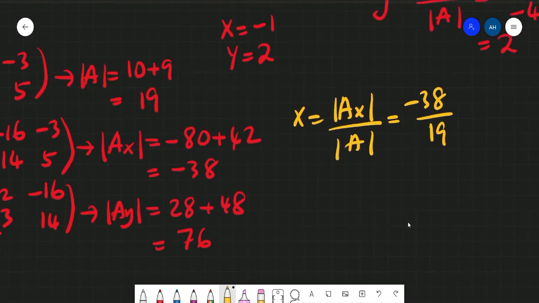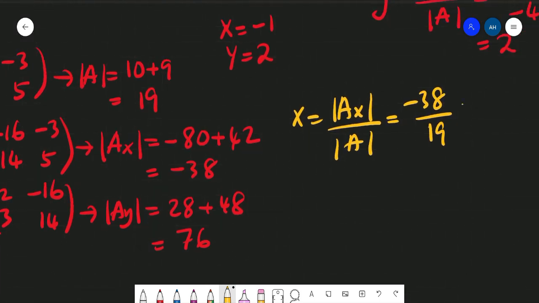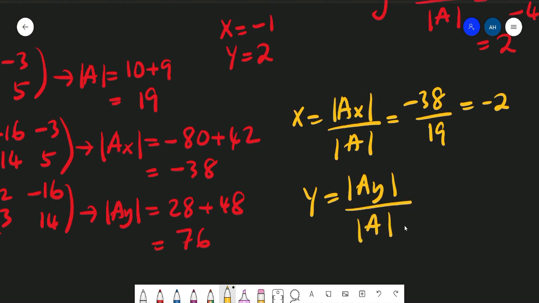And the answer will be negative 2. Now y will be equal to the determinant of Ay divided by the determinant of A. The determinant of Ay is equal to what we already got, 76. And we are going to divide by 19.